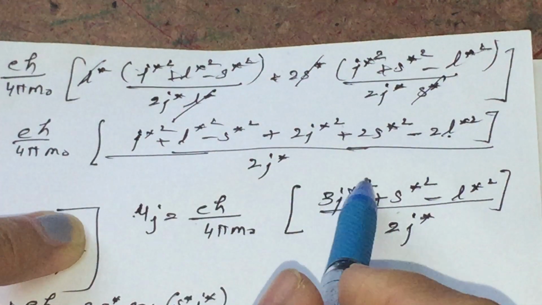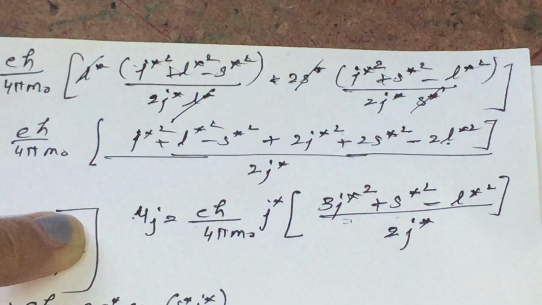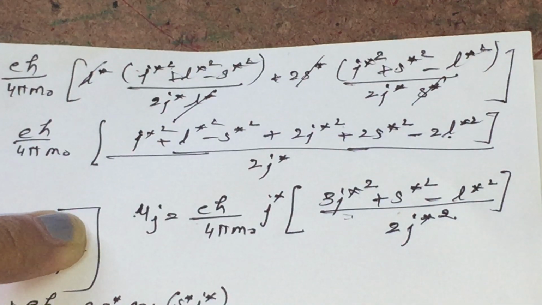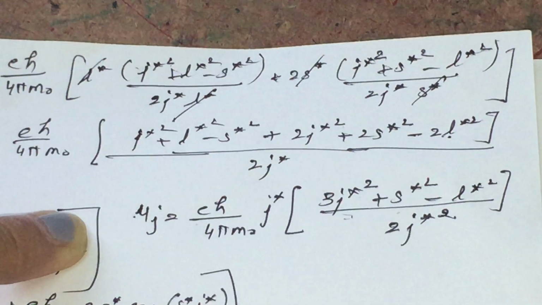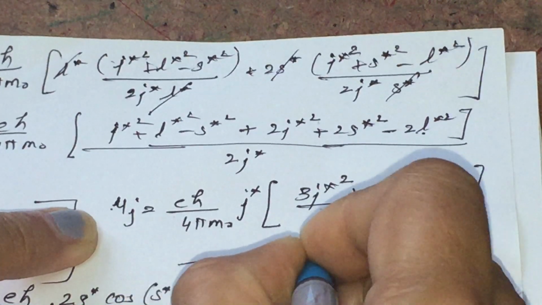And to make a square of everything, we are multiplying the term with J star and dividing the term with J star. And on again solving, we are simplifying our equation.